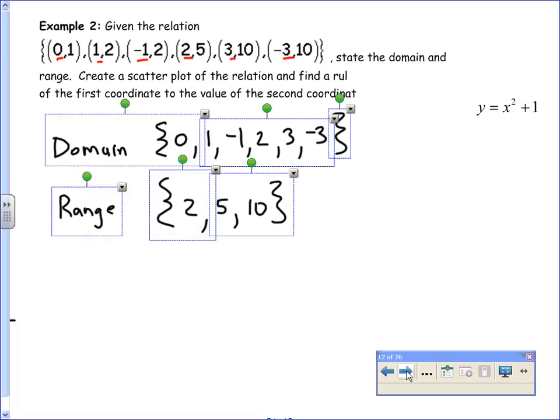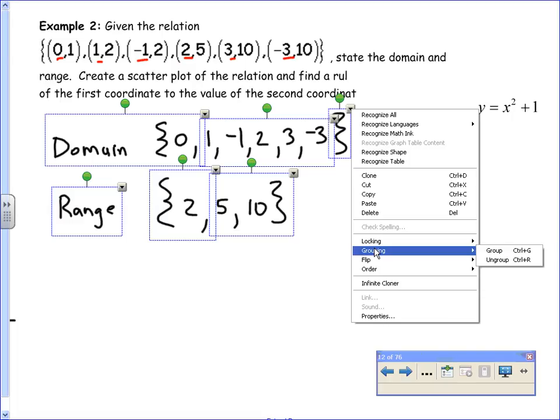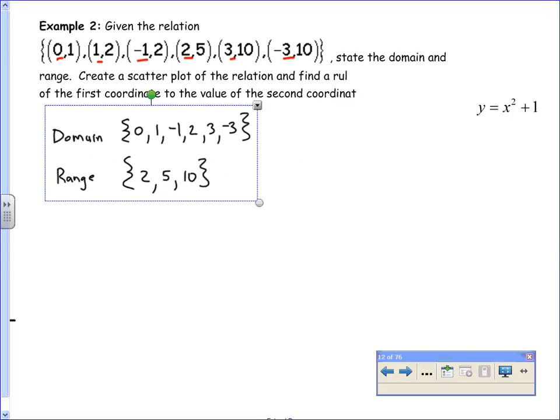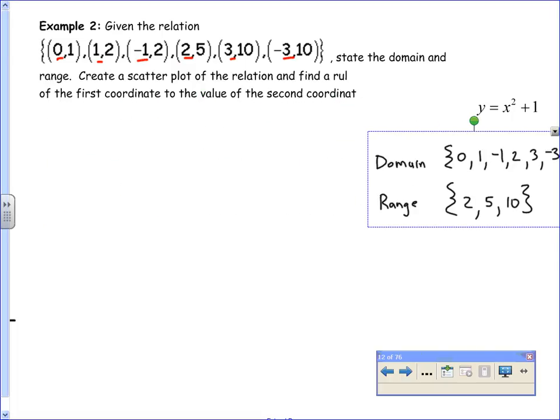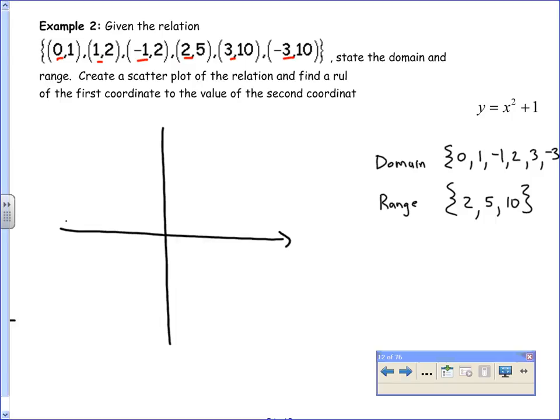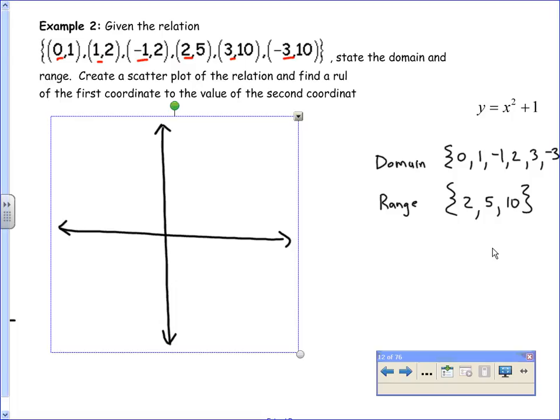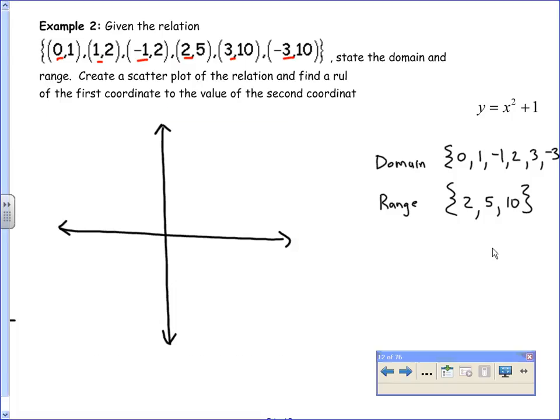Now, when it asks us to create a scatter plot here, I'm just going to sketch a little graph of this and then talk about how we would find this. Here's my coordinate plane, and I go to plot these points.